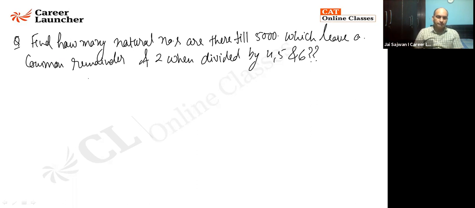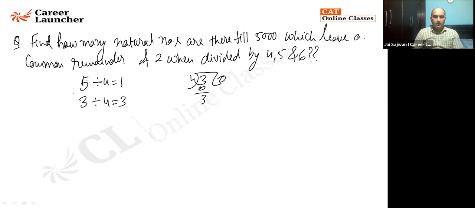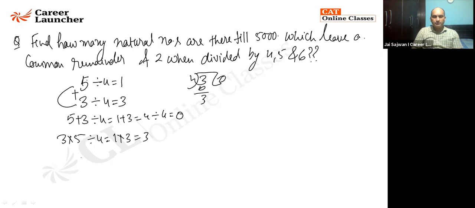Let me explain that. 5 divided by 4, remainder is 1. 3 divided by 4, remainder is 3. If you add them, 5 plus 3 divided by 4, remainder is 1 plus 3, which is 4, divided by 4, remainder is 0. If you multiply 3 into 5 divided by 4, the remainder is 1 into 3, which is 3. So 15 when divided by 4, remainder is 3.